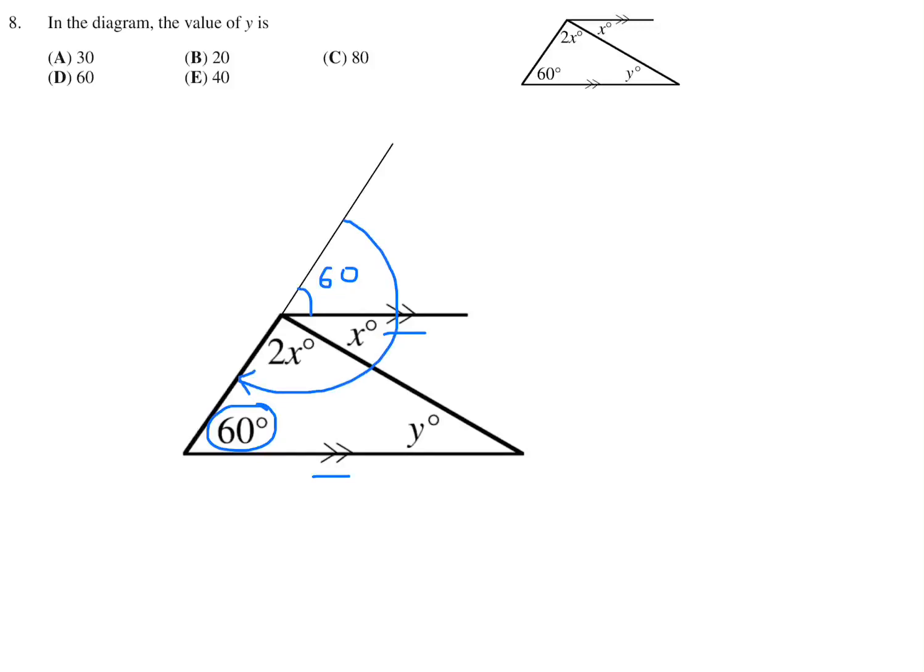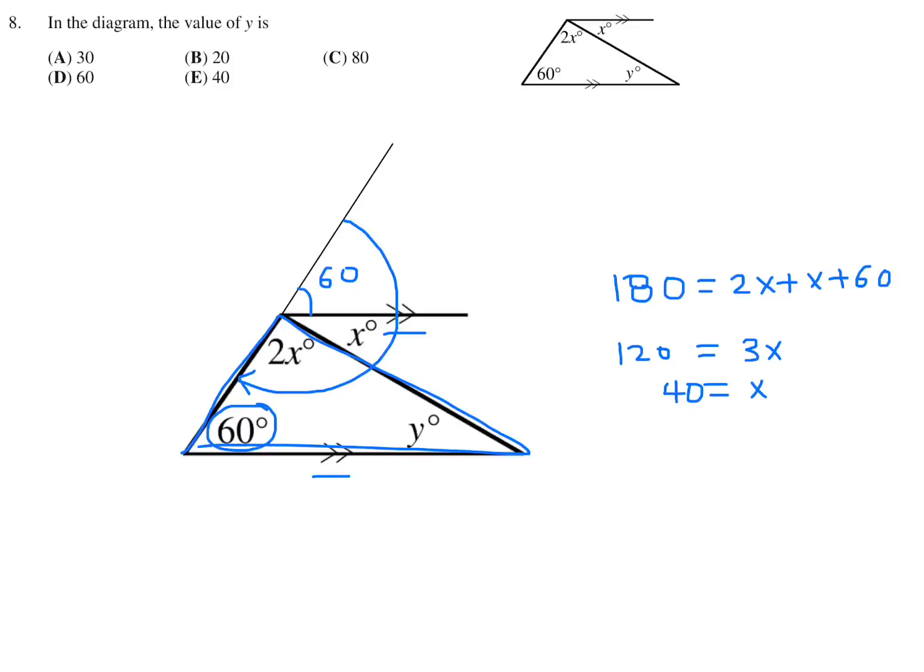So if that's 60, this is 60. And then the full length of the line will provide angles that total 180. So that means you have 2x plus 60 is 180, and therefore 120 is equal to 3x, and therefore x is equal to 40, like that.